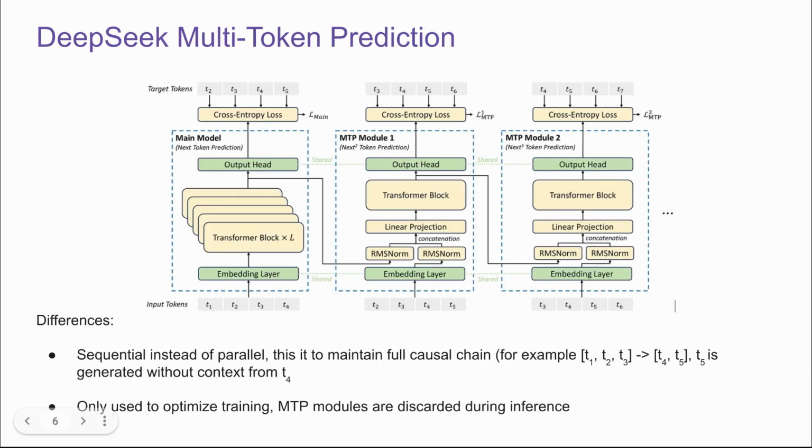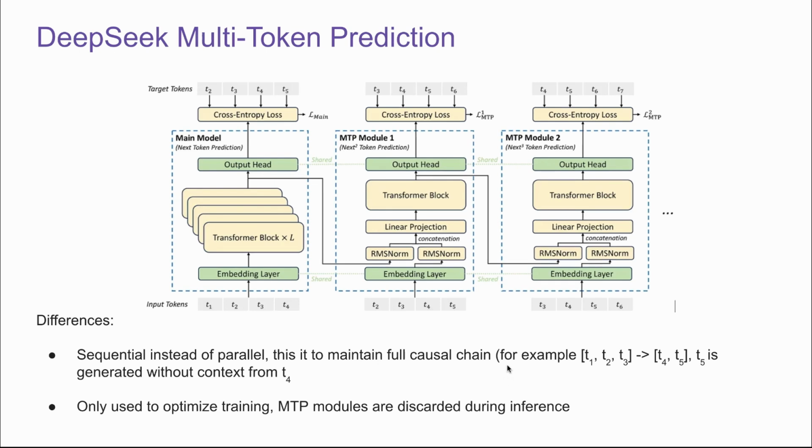So let's take a look at DeepSeek's variants. They're trying to do MTP in a little different way, but with a similar concept. The difference is they're doing sequential instead of parallel. They do this because they want to maintain the full causal chain. That means your current token only depends on all the previous tokens you have.